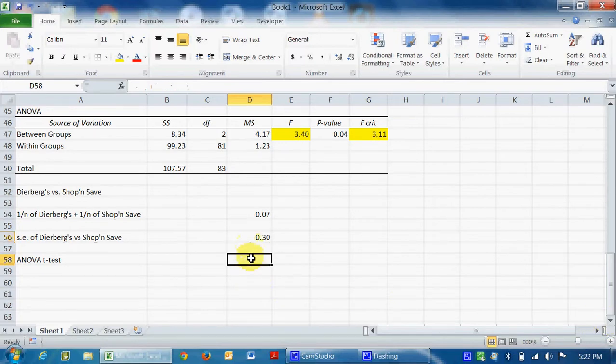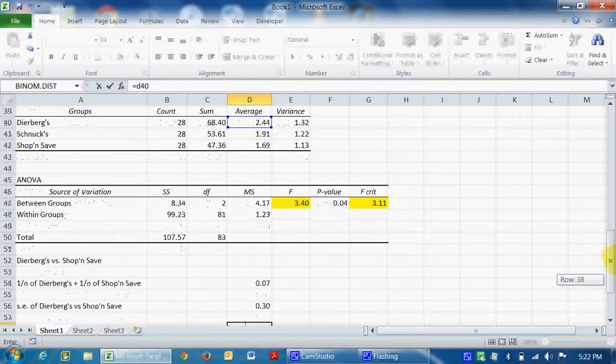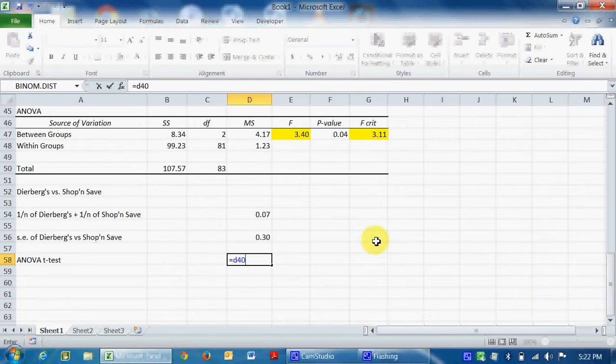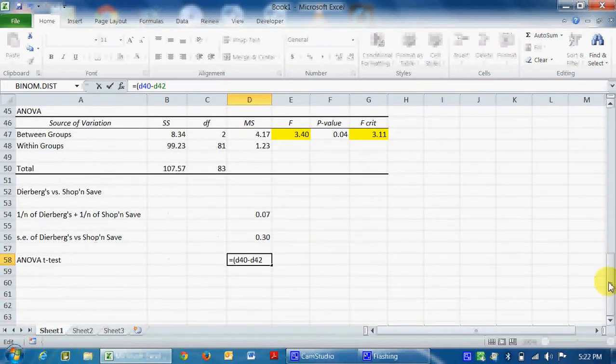Next, the ANOVA test. This one is going to be equals D40, and just to show you what D40 is, that's going to be the average or the mean for Dierberg's. Oh, and I'm going to put a parentheses in front of that. Okay, open parentheses, D40 minus D42, which is the mean for Shop and Save, close parentheses, divided by the standard error of the two, which is D56.